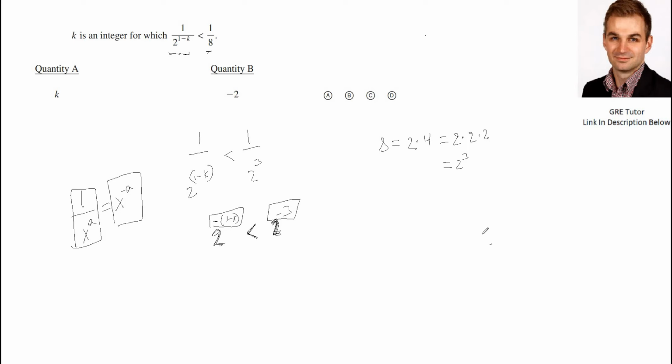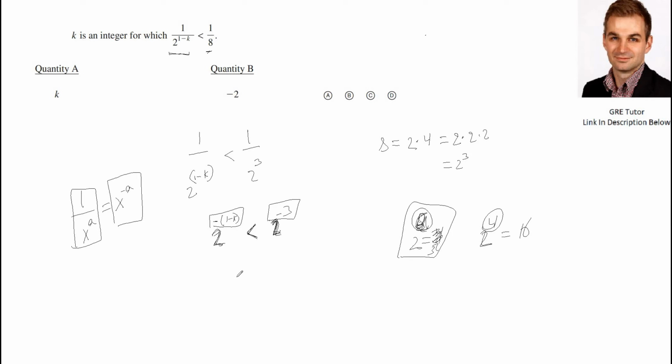A good example would be 2 to the 4th and 2 squared. 2 to the 4th equals 16. 2 squared equals 4. Now if this thing was 2 to the 5th, this number would be greater. It wouldn't be 4 anymore, it would be something like 32. But in order for 2 to whatever this number is to be less than 2 to whatever this number is, this number has to be greater than this number. That's how it has to work.